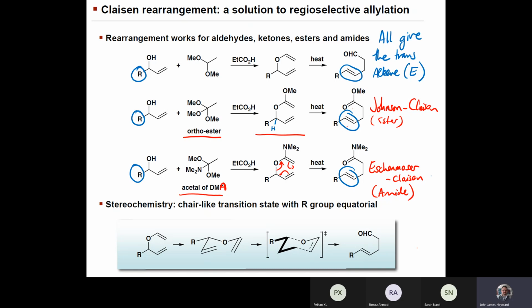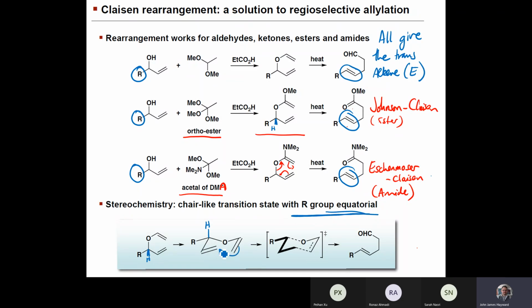And when we draw this, I'm going to draw this as an up. This H is up. When we draw our reaction in 3D, we draw this as a chair transition state. The H goes into the axial position. The R goes into a pseudo-equatorial position. Okay, the R group equatorial.